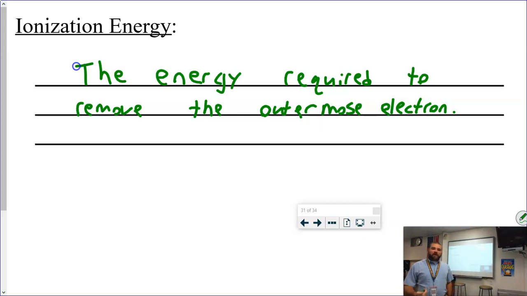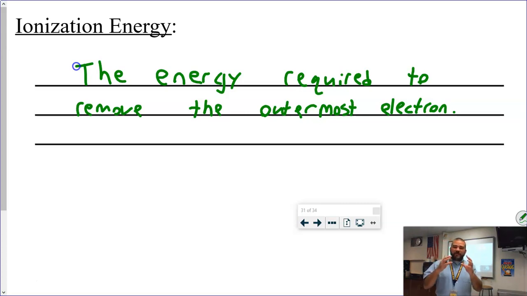The energy required to remove the outermost... oh my gosh. Hey, there we go. Great success. The energy required to remove the outermost electron, okay?